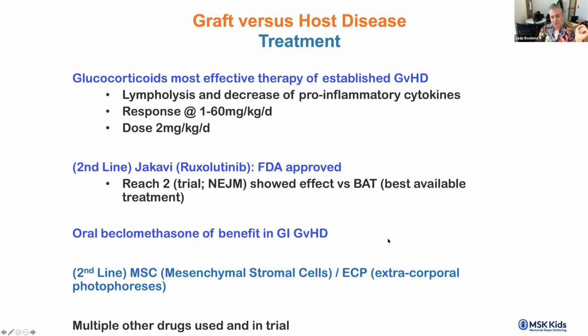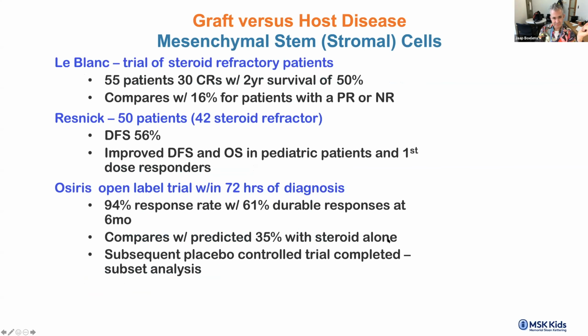But to get control over your GvHD, it's not zero, but the outcomes get worse and worse. And MSCs, so this is mainly single center experience, but it suggests that there is some effect. Also the center I came from in Europe, we used a lot of MSCs. And if you respond, your outcomes are pretty okay. If you do not respond to the mesenchymal stromal cells or stem cells, the outcomes are extremely poor.